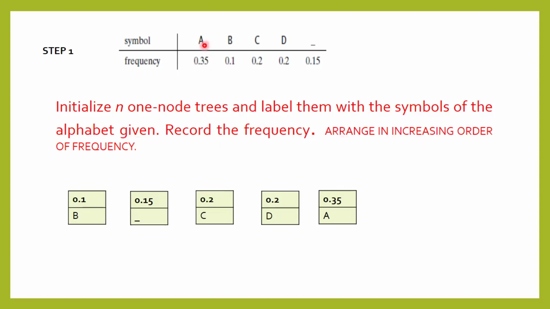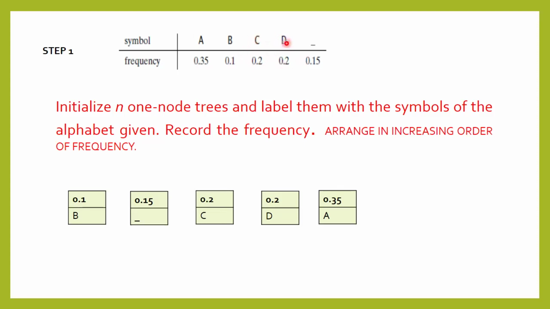First I have to construct a node for the smallest weight. Which is the smallest weight? B. So I am writing n one-node trees. This is called a one-node tree, whose label is B and 0.1. So this represents the symbol and frequency. Next weight is 0.15 and its symbol is underscore. Next, C and D have the same frequency.